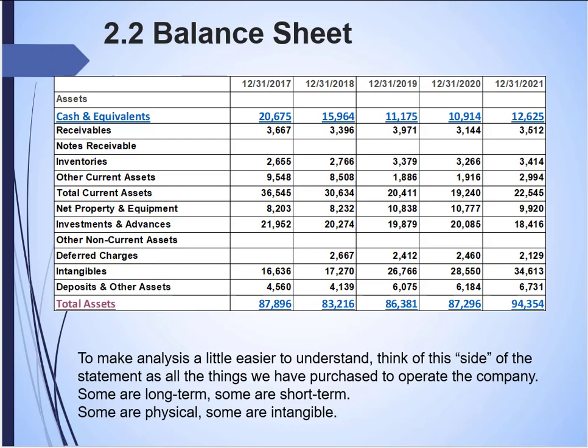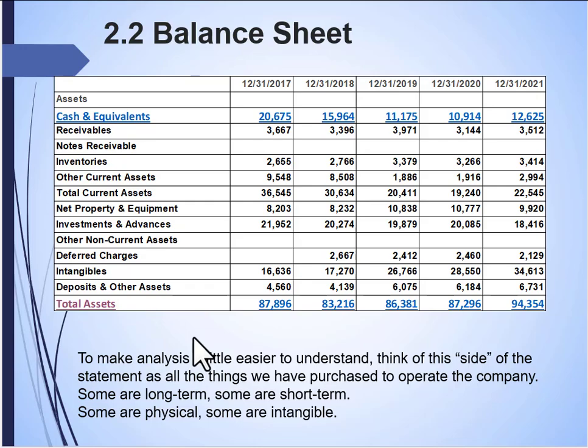Here's the balance sheet. This is actually what we refer to as the left side. It reflects all the things that the company has purchased. These are the assets that the company has decided it needs to operate the company. If you notice, some of the assets are short-term.